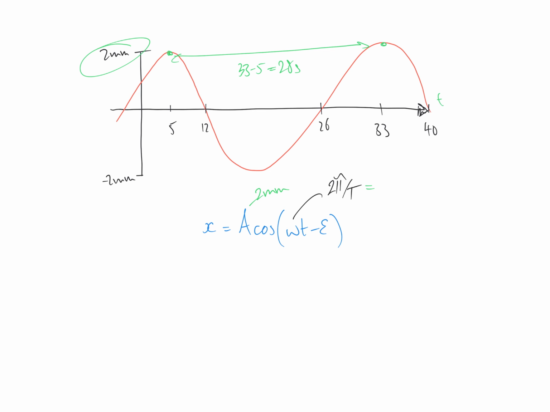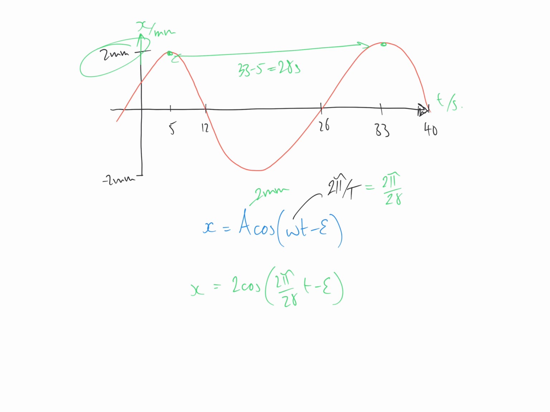I should have just said that's t in seconds, and this is x in millimeters. Therefore, we've got 2 pi over 28. Good, let's write that down: x equals 2 cos(2 pi over 28, t minus eta).